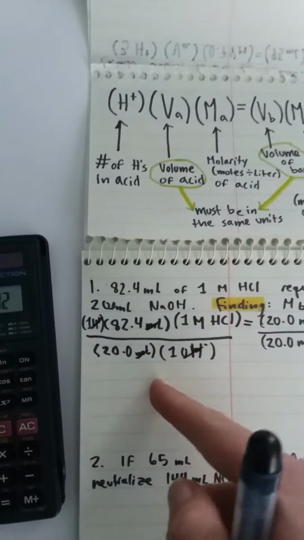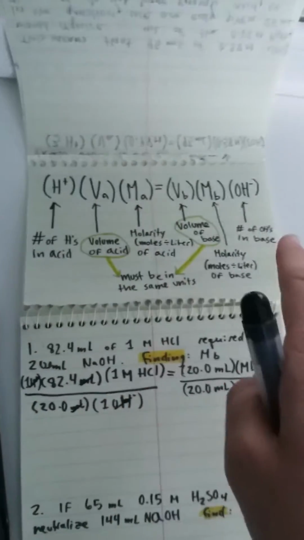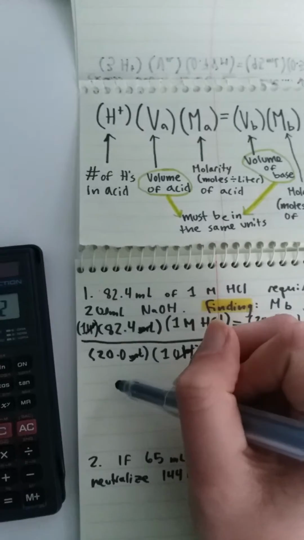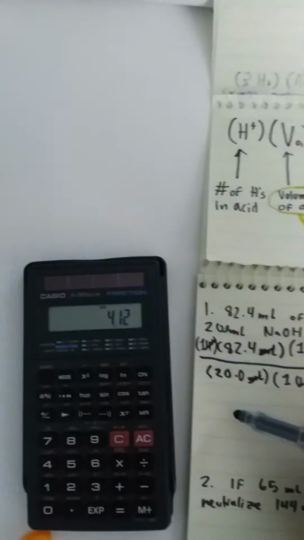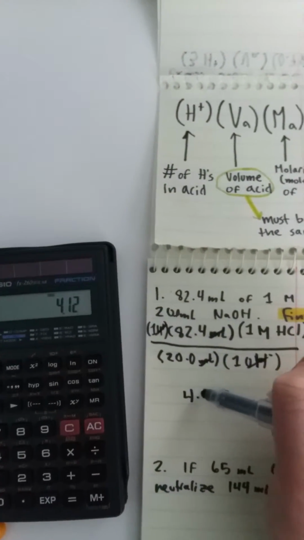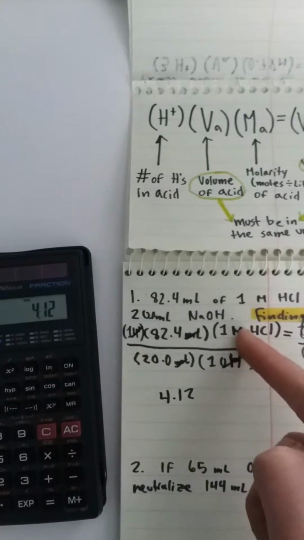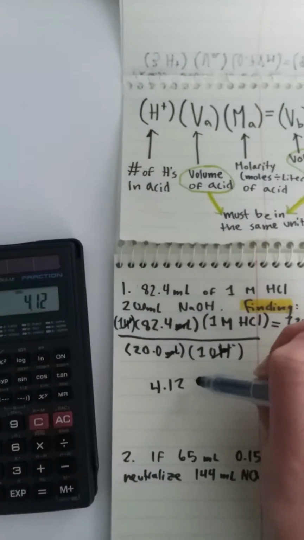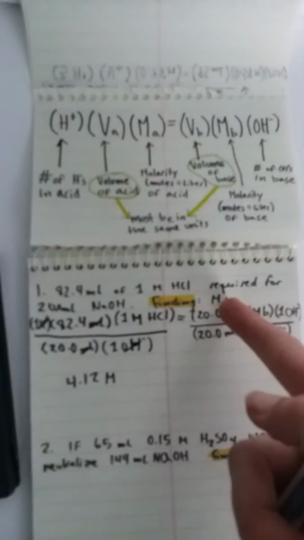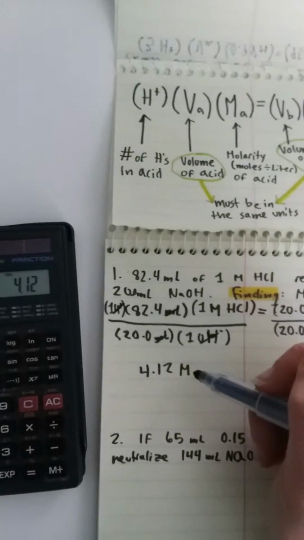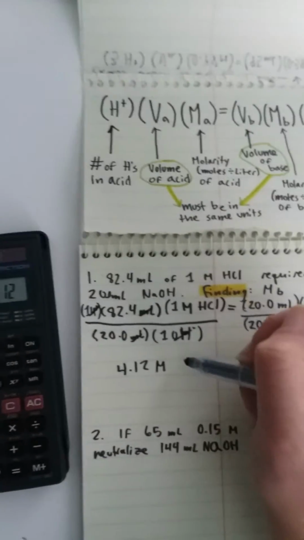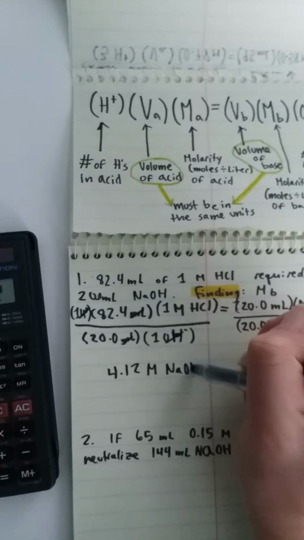But don't think about that. Just think about this equation. So that's our answer. And because our units all canceled, we're just left with this unit, so it's in molarity, that's correct. You don't really have to think about that. We already know that we're finding the molarity of the base. So we found it.